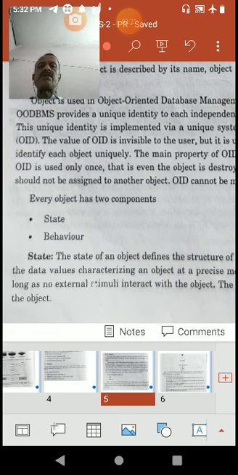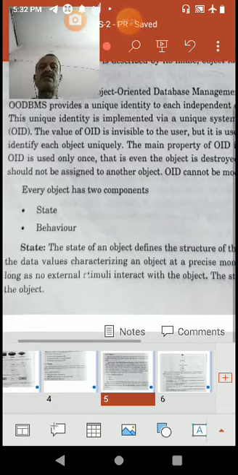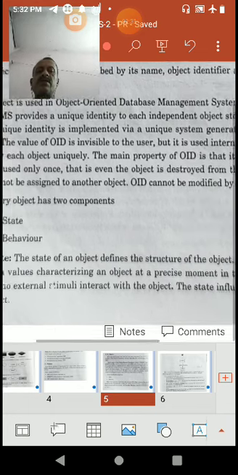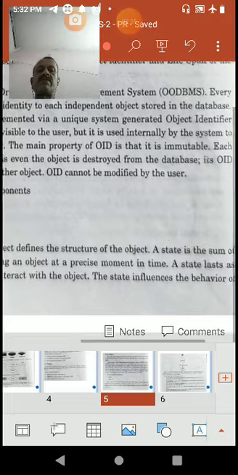Every object has two components: number one, state; number two, behavior. First one, state. The state of an object defines the structure of the object.